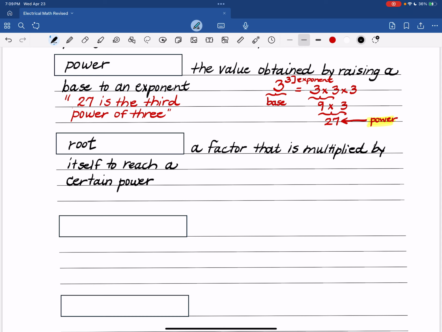For example, let's take the one we did just above. The cube root of 27 is 3 because 3 times 3 times 3 is 27.